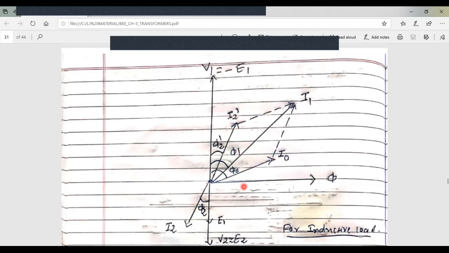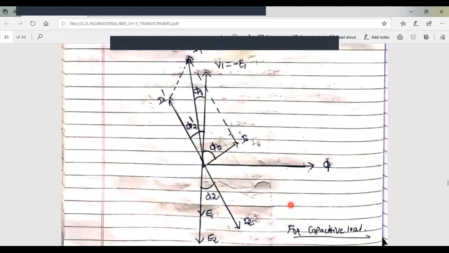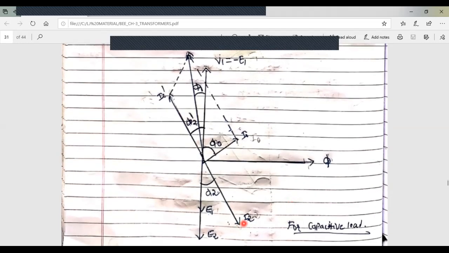In the same way, when we discuss the phasor diagram of capacitive load, first of all you have to draw this I2. We know that in capacitive load, I2 leads V2 or E2 by phi2. Now you have to draw the exact opposite, I2 dash, and I0 remains the same.